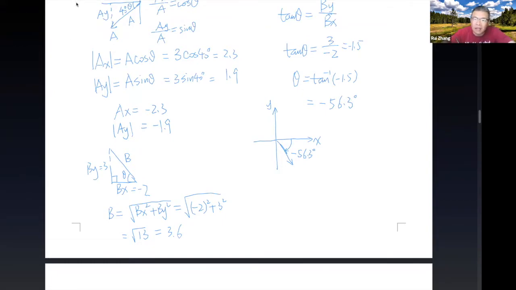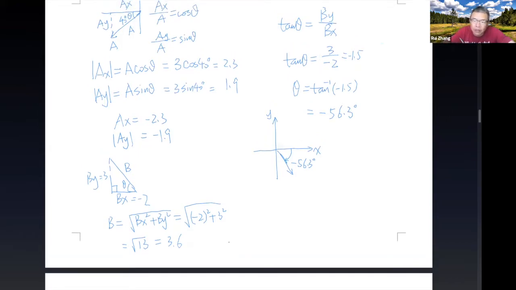The problem is that there is ambiguity when you take a tangent. For example, if you take tangent of negative 56.3, you get back negative 1.5. However, if you take tangent of 180 minus 56.3, you also get negative 1.5.